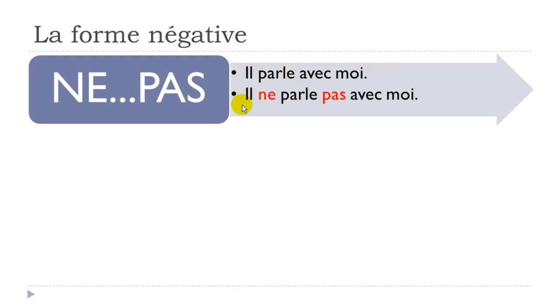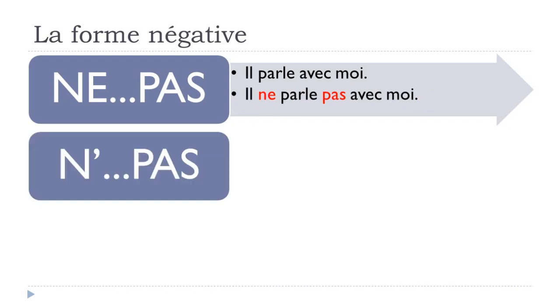So if you want to put the negative form of this sentence, remember, first part ne, before the verb, then you put your verb, parle, basically you don't change it, and after that you put the second part, pas. Then you get the sentence, il ne parle pas avec moi. And that's it. You've got your negative sentence here.